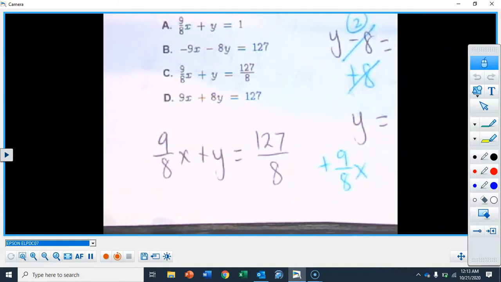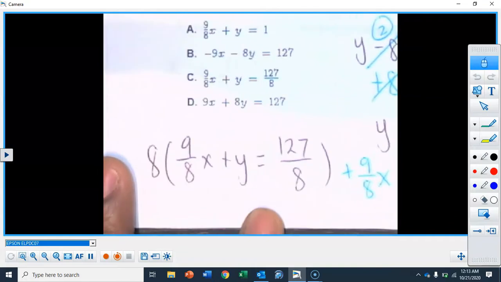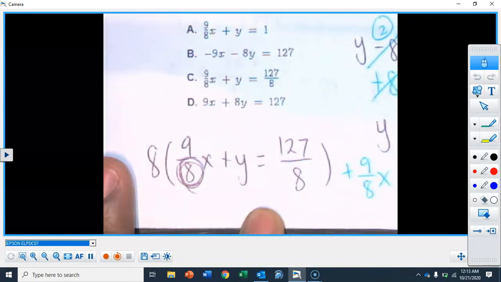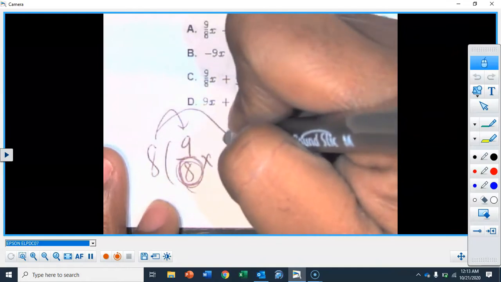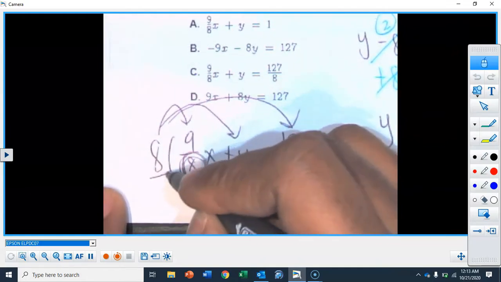So we're going to multiply by 8. And whatever's in the denominator, that's what we multiply by. If this was a negative 9 over 8, then we would have multiplied by negative 8. So let's do the distributive property one last time. And again, this is like having 8 over 1.